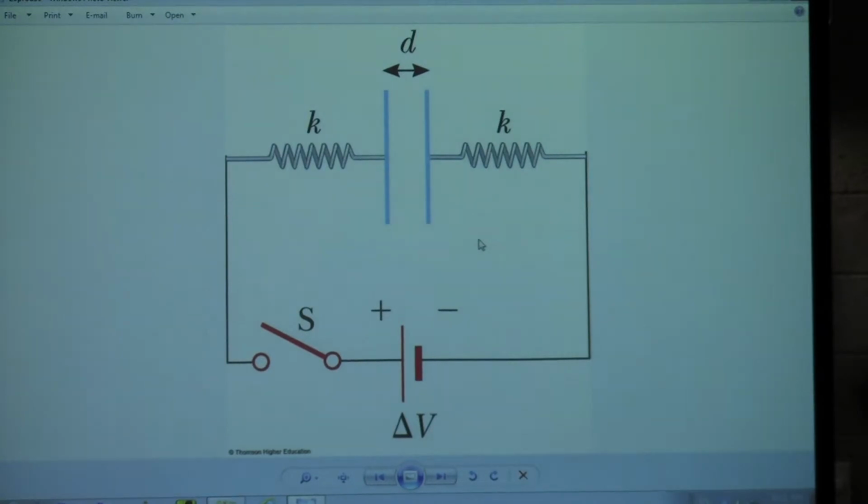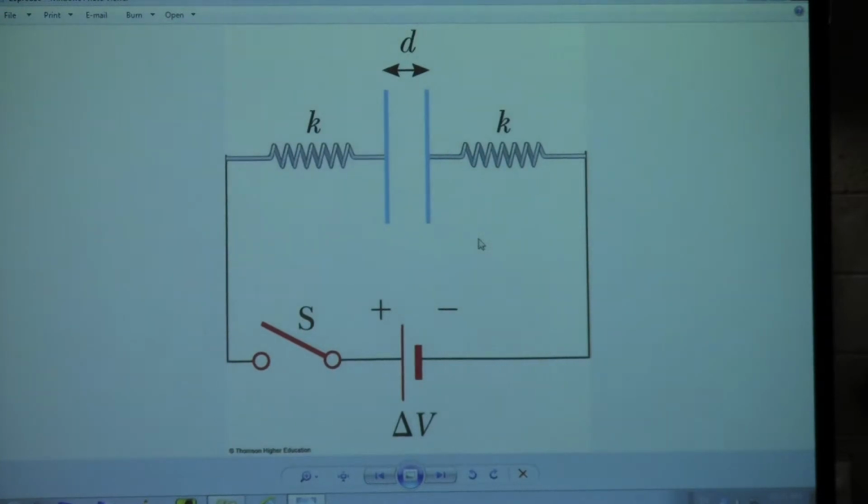Let's read this one. Number 30 says, the circuit shown in figure 30 consists of two identical parallel plates connected by identical metal springs to a 100-volt battery. When the switch is opened, the plates are uncharged and they are separated by a distance d of 8 millimeters.